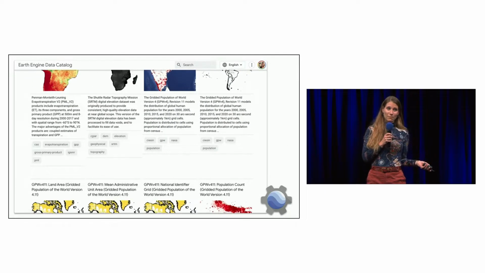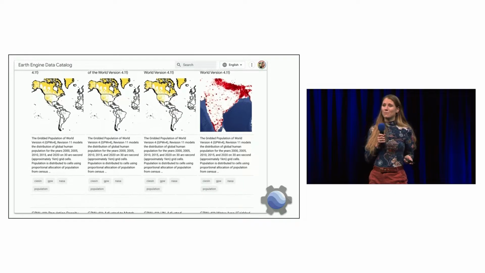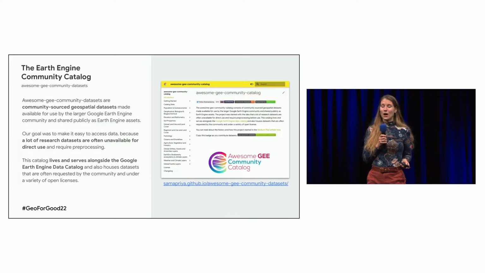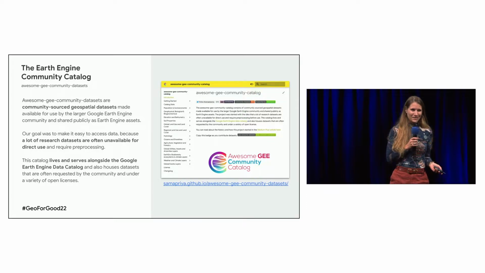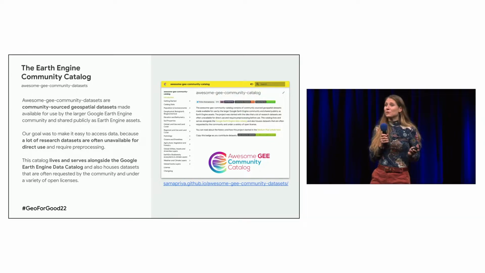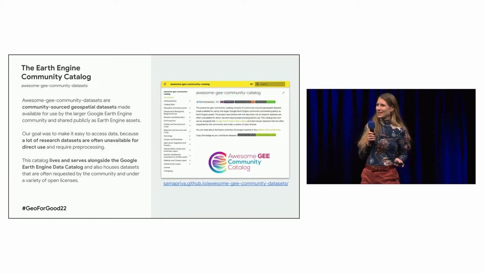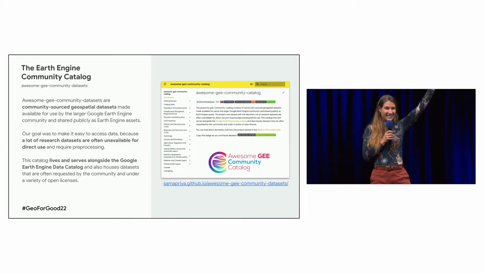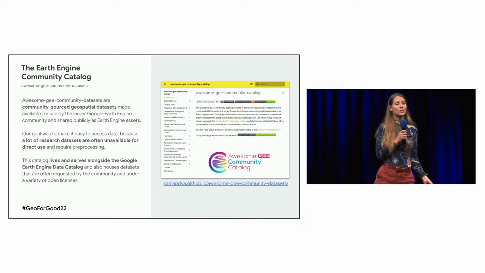But as you probably know from your own work, there are many more data sets out there, which is where the community catalog comes in. Have any of you here worked with data sets from the community catalog? Awesome. So we've got some users out there. For those of you who haven't been in the community catalog yet, this is our community curated collection of Earth Engine data sets.